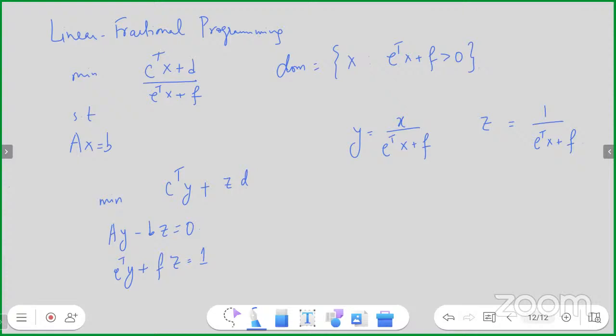And what other constraints should I throw in? To bring in the domain, that's the question.